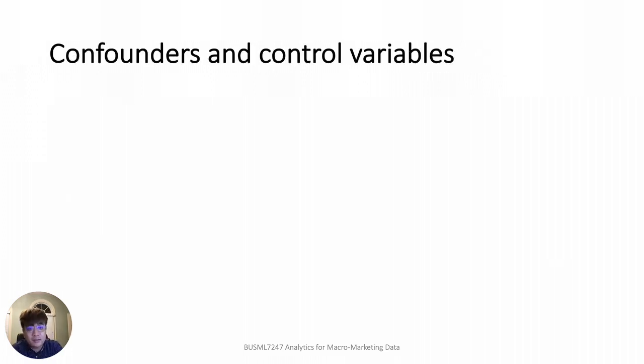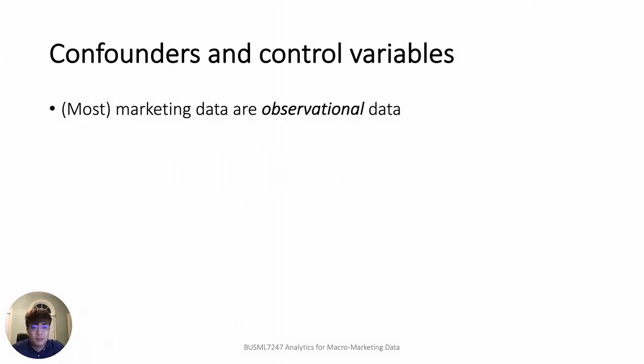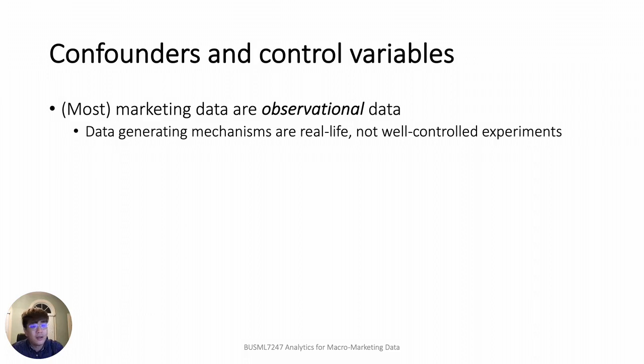The independence assumption enables us to have the unbiased estimate of the causal effect for experiments, though, but it is still not enough for marketing data in general, because most marketing data are observational data. Data generating mechanisms are real life, which is far from well-controlled experiments.